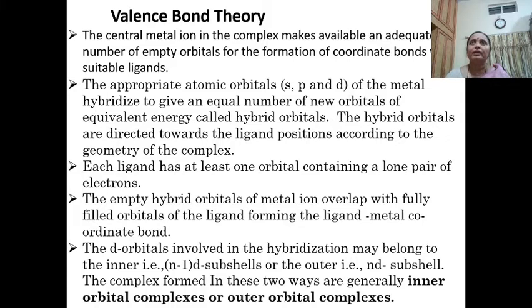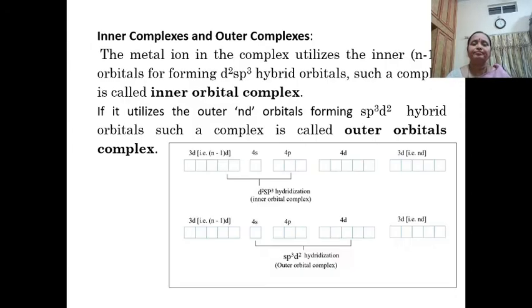coordinate bond. If the metal atom or ion uses its n-1 d orbitals or subshells, it is called an inner complex, and if it is going to use nd orbitals in the formation of a coordinate bond, it will be called an outer orbital complex.